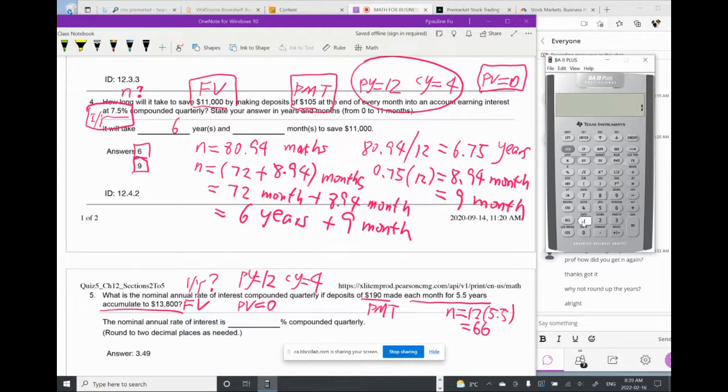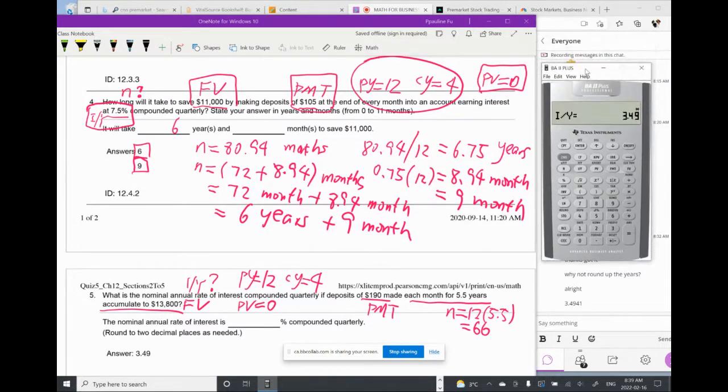All right, now enter 190 negative PMT. 66 term N. 0 is PV. 13,800, that is FV, and compute IY. Congratulations, you are ahead of me, Juna. Great. Excellent. 3.49.